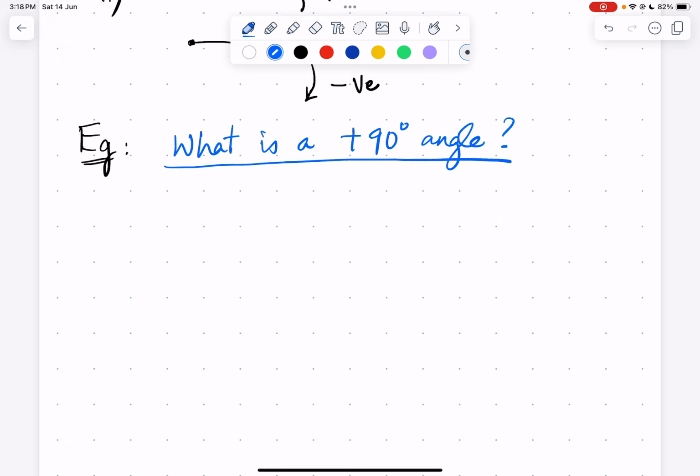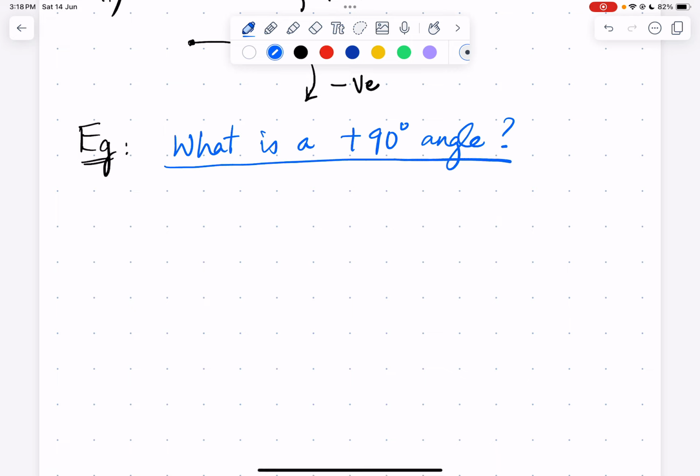We see that 90 degrees is 90 by 360 fraction of 360 degrees, the full angle. So 90 degrees is 1/4 of 360 degrees.